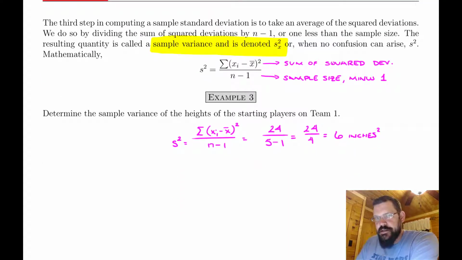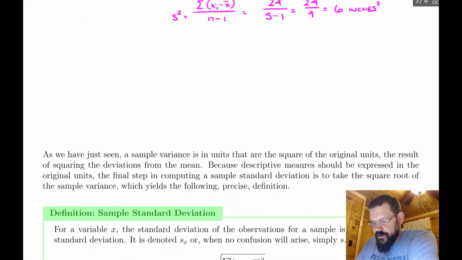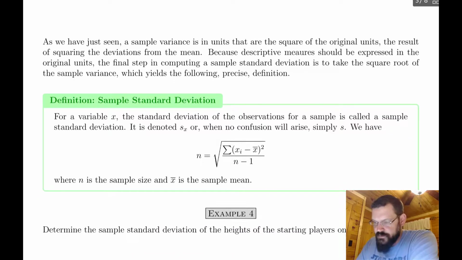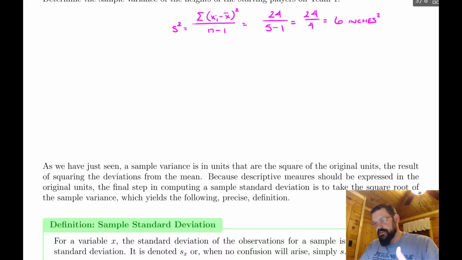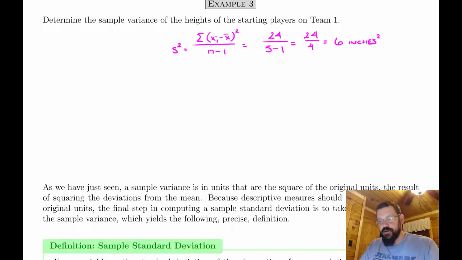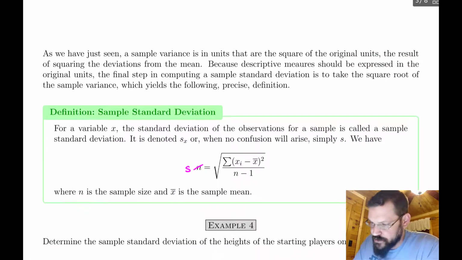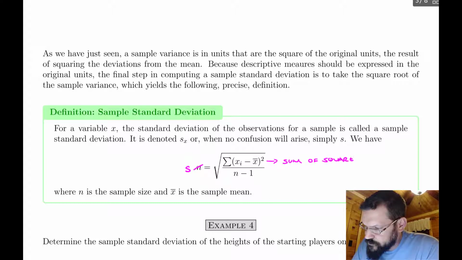That really doesn't mean a whole lot to us as far as what is the standard deviation, how spread out is this data. But our next step is going to make more sense. So what we have, I need to clarify this on our notes, that should be s, not n. We take basically what we found in example 3, take the square root of both sides, and that's going to give us our standard deviation, because if you look here underneath the radical, that is the sum of the squared deviations, and in the denominator, we have the sample size minus 1.